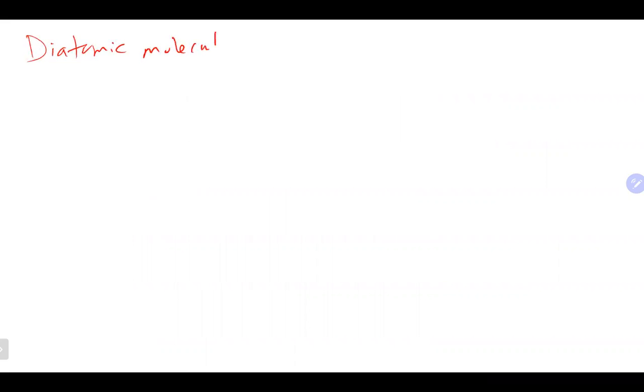When we're talking about diatomic molecules, which only contain two atoms, if we have something like F2, like we've seen before, this particular molecule has just one bond, the bond between the two fluorines.